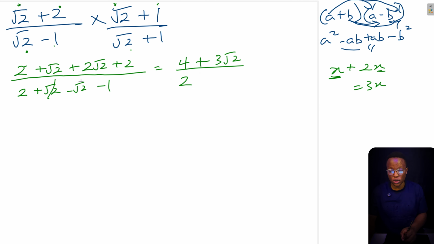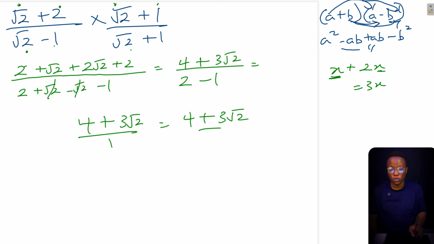These two will cancel out each other. 2 minus 1. So we're going to get 4 plus 3 root 2 all over 1, which is 4 plus 3 root 2. Therefore, x is equal to 4 plus 3 root 2.